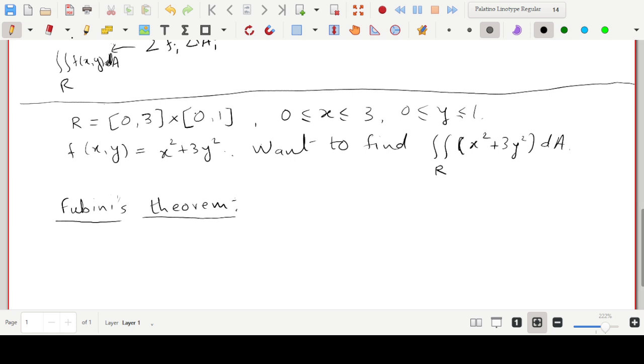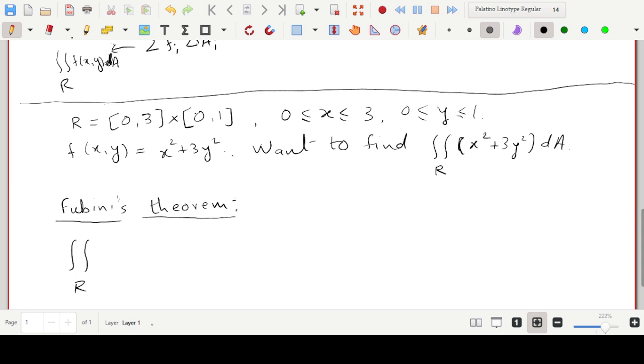It tells us that double integrals can be solved by two successive single integrals. How? Let's say we know how to compute a single integral, that means the integral of a function of one variable.